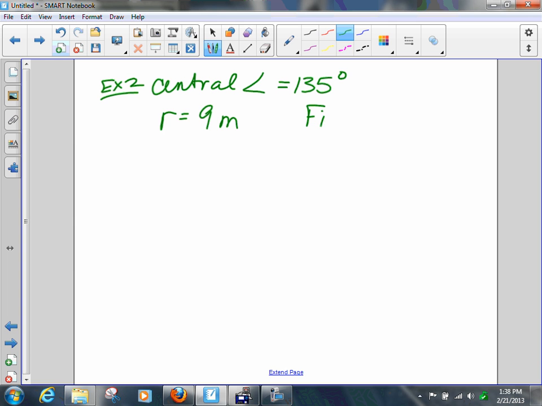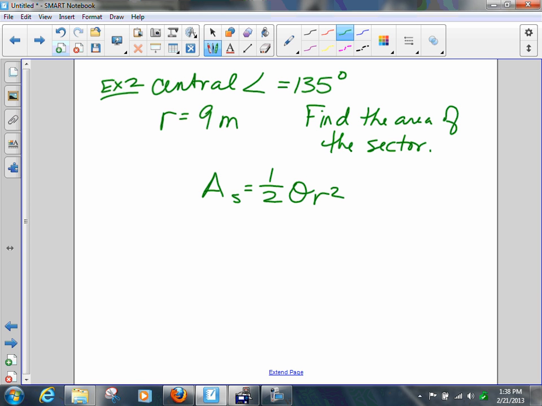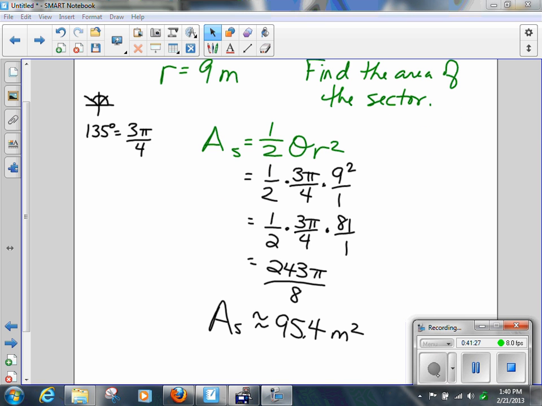Find the area of the sector. Do this real quickly for me, please. You're on your own. How many of you got approximately 95.4 meters squared? Good, guys. High five. Good job.